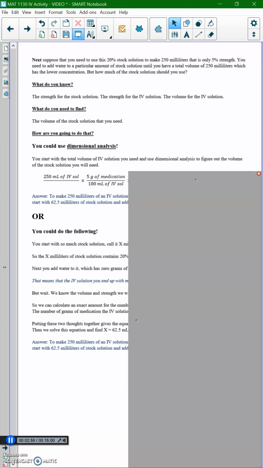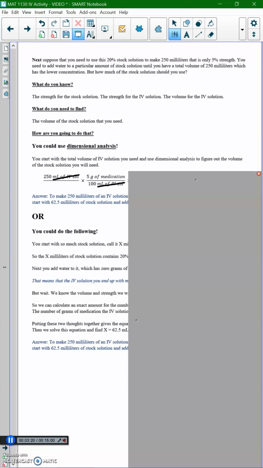That's the definition of a 5% strength. Now, in order to get the milliliters of IV solution units to cancel out, since we had those up top when we started, we put the milliliters of IV solution in the bottom so that these units then will cancel out here.